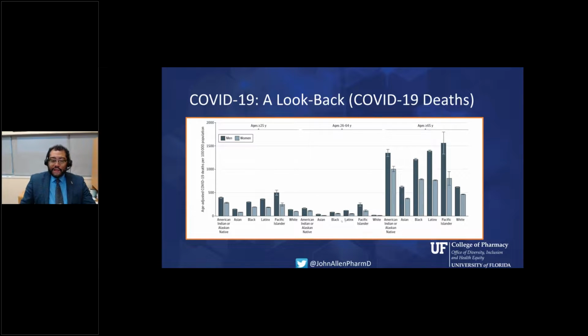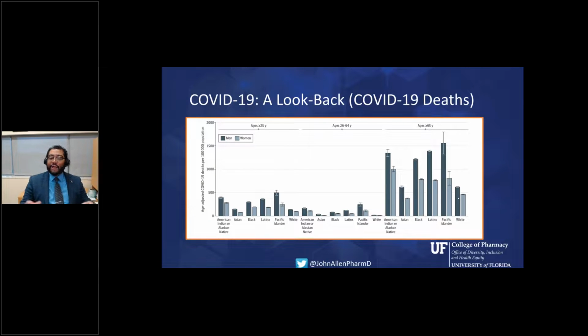We see that in really all of the age groups, but it is particularly noteworthy in patients that are age greater than 65 that the dark bars represent men and the light bars represent women, that among the racial and ethnic groups, the age-adjusted COVID-19 deaths per 100,000 population were all higher than in non-Hispanic white patients.